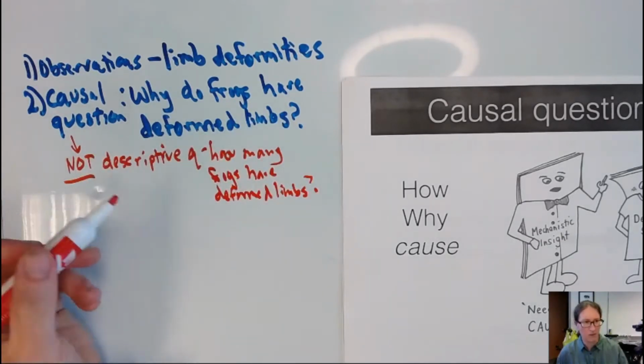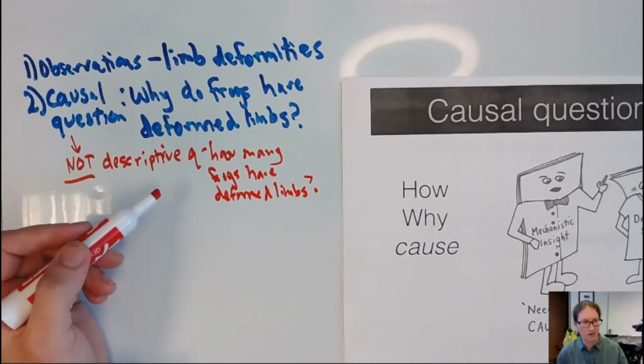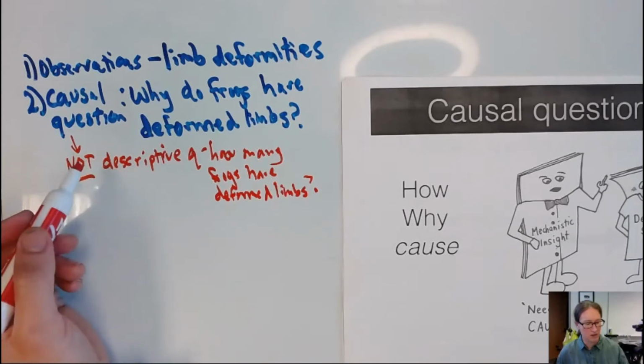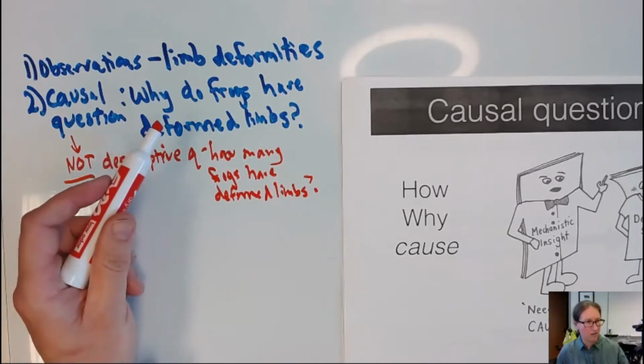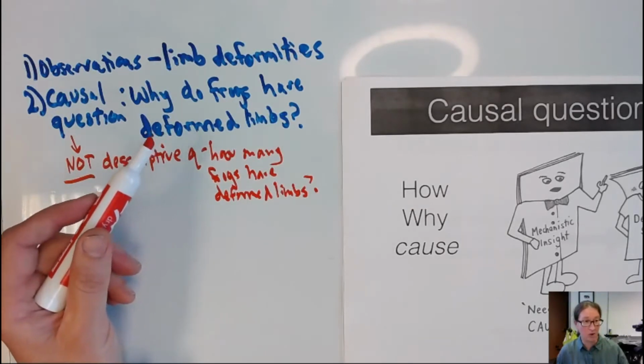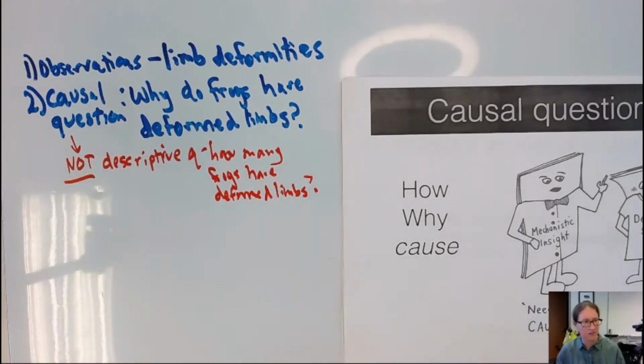So with a descriptive question, there's a very direct answer to that question, right? You can go out and count how many frogs have deformed limbs. You can answer this question, then you're done. A causal question, in contrast, is an open-ended question. It's a question where there are many potential different answers to that question.